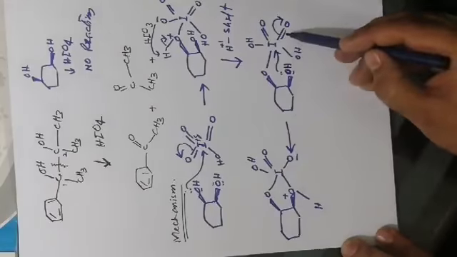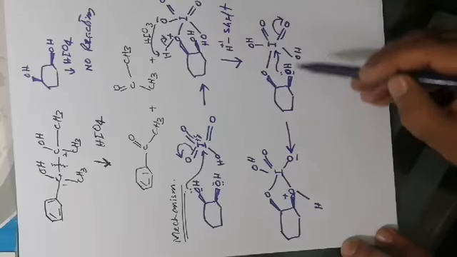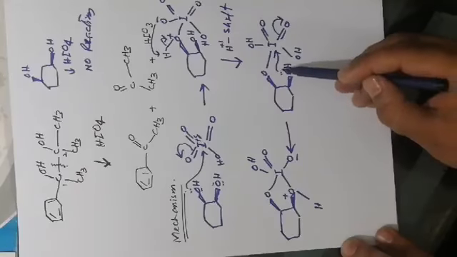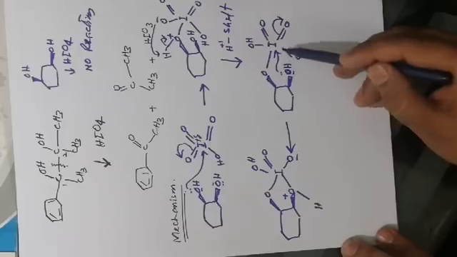Since this bond moves over to oxygen, oxygen will get a negative charge, and this oxygen will get a positive charge because it is making the bond by diverting the pair of electrons to iodine.